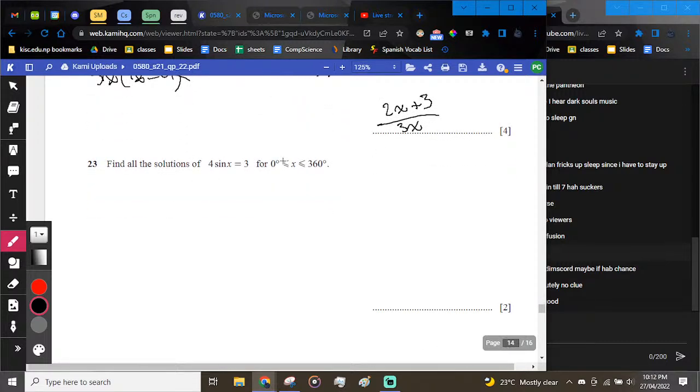Find all possible solutions of 4 sin x equals 3. If you multiply both sides by 4, divide both. 3 over 4, x equals sin inverse, haha, sine inverse, funny.